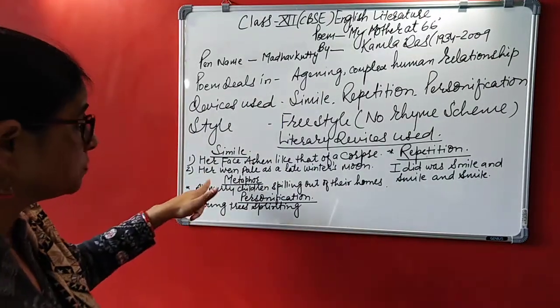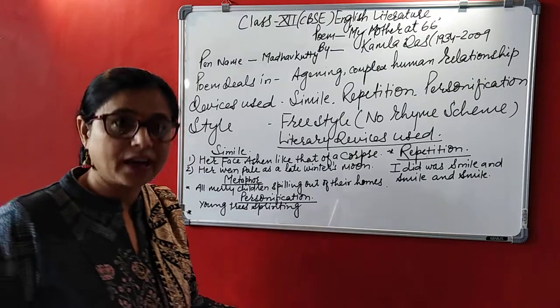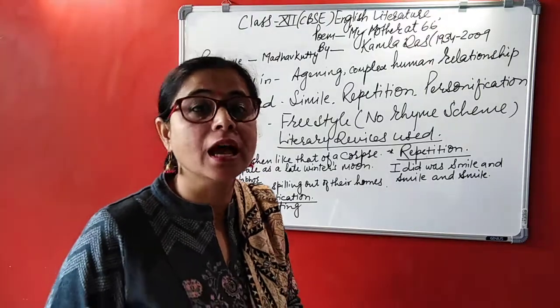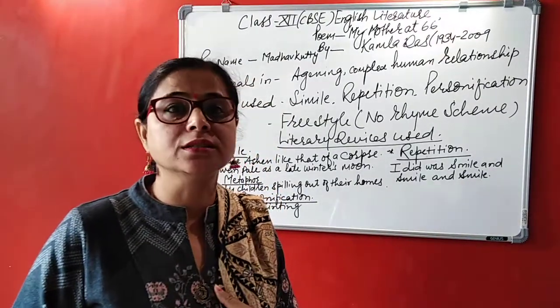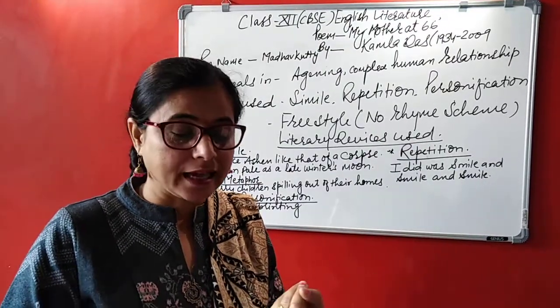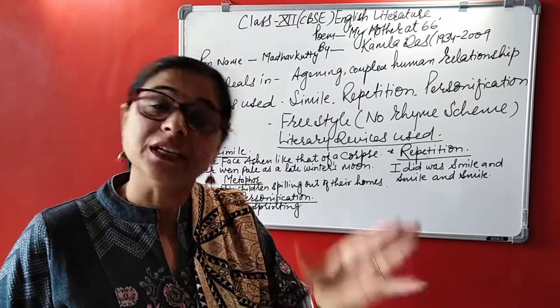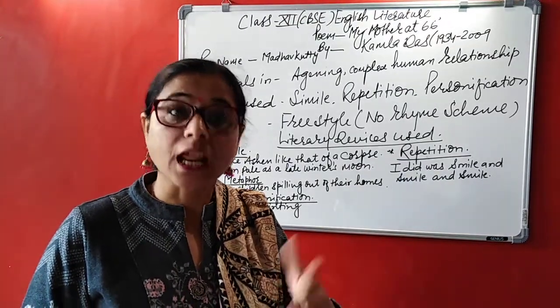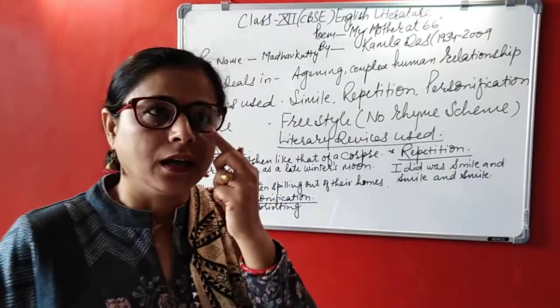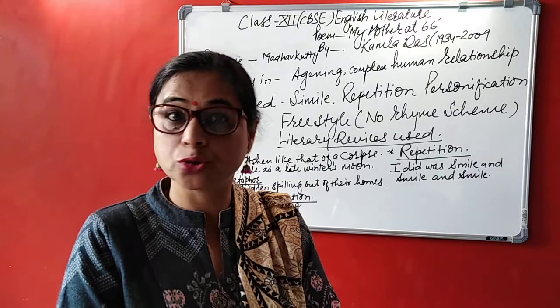Now let's come to metaphor. Where has metaphor been used? Again, I'm going to explain what metaphor is. In metaphor there is also a comparison, but the words of comparison like "like" and "such as" that we used in simile are not used. Let me explain: if I say she's as beautiful as a rose, this is simile.